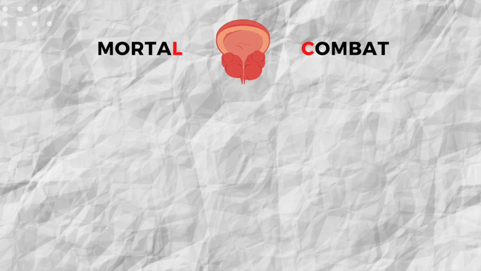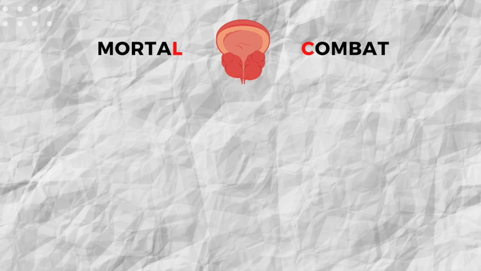If you look at this image right here, you can see that the L is highlighted in red and the C is also highlighted in red. And then in the center, you can see something that's very familiar, right? Some gonads. So the mortal in Mortal Kombat should clue you into the fact that we are talking about mortality.